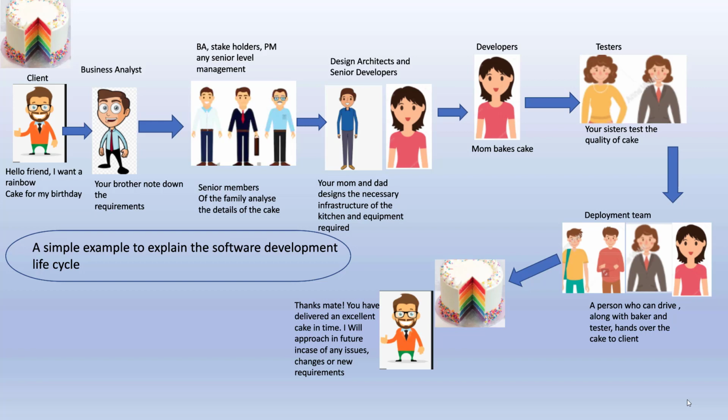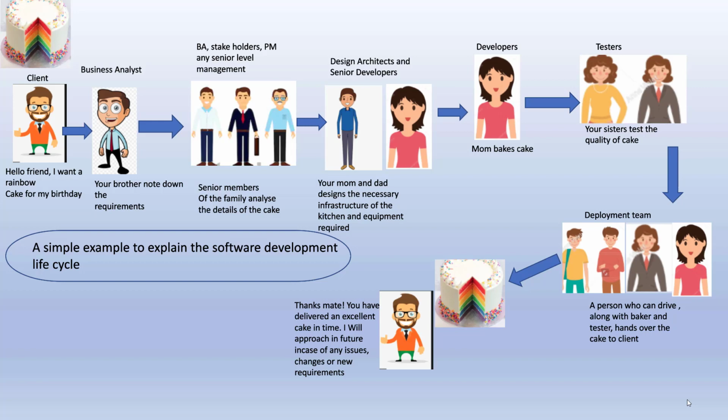Are the rainbow colors all available as per the layers or not? So all these things the testers will be checking, whether exactly the requirements are met or not. Once we are happy that the quality is met perfectly as per the expected behavior or the client requirement, that's when we decide on delivering that cake to the friend or the user.